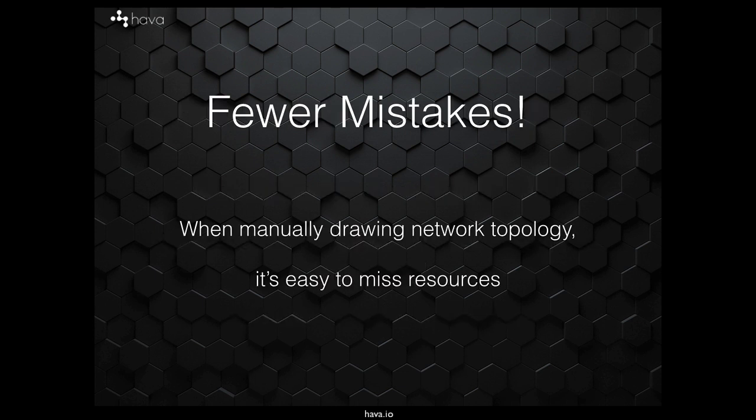Also fewer mistakes. When you're manually putting together a drawing of network topology, it's incredibly easy to make a mistake, drop a resource into the wrong subnet. All sorts of things can happen. So having it automated with no ability to manually manipulate means you're always looking at an accurate representation of what you're running.